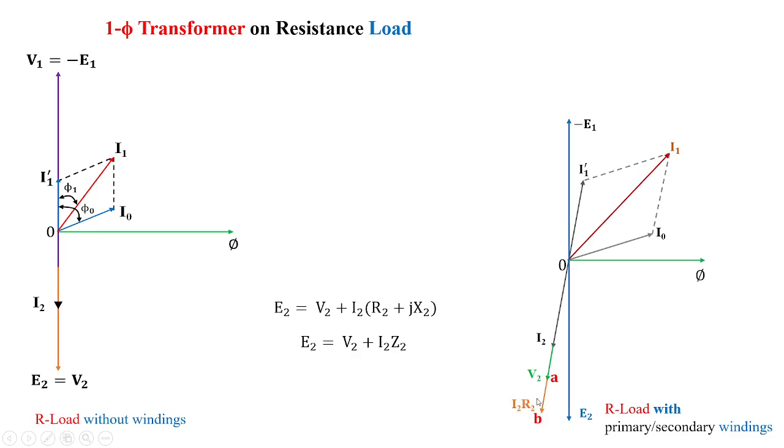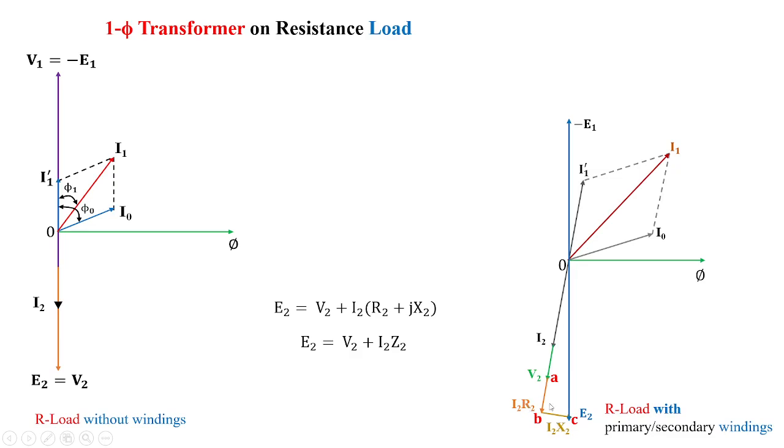So now we have I2R2. So I2R2 is a drop which is in phase with I2. That is why I have taken a line from A to B and marked it as I2R2. Then I2X2 is a perpendicular, that is the inductive component acting perpendicular to this resistance drop.